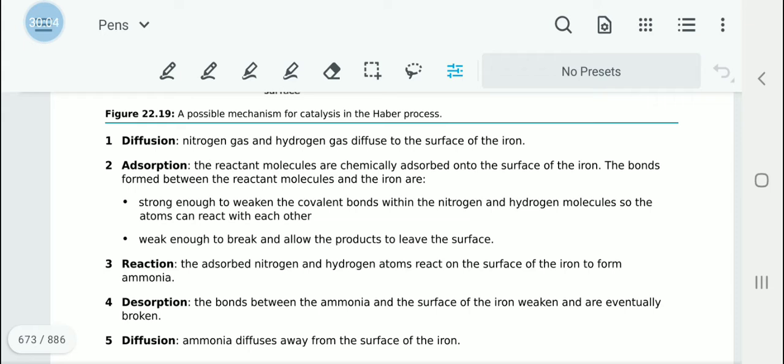Write down first step, diffusion: N2 and H2 diffuse to the surface of iron. Number 2, adsorption occurs, which makes the H-H and N-N bonds weaken.